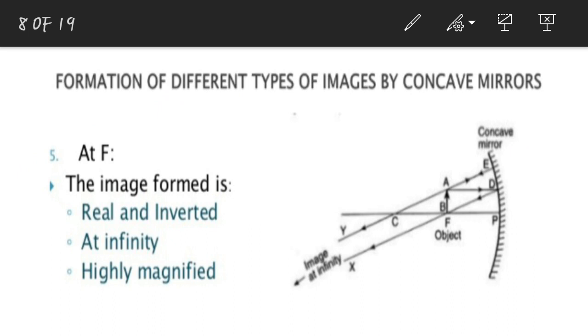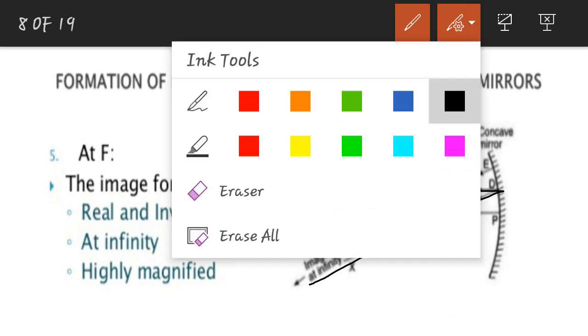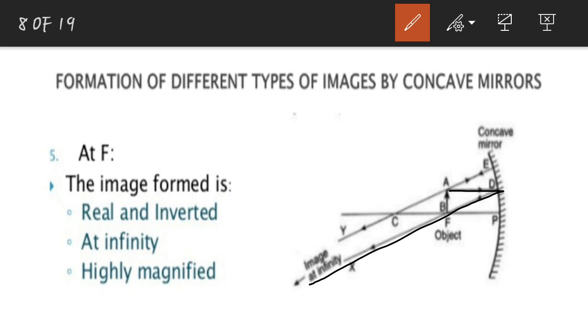The second case is the formation of different types of images by a concave mirror with the object at focus. If you keep an object at focus, the image formed will be real, inverted, and at infinity, highly diminished. Parallel to the principal axis passes through focus, then the ray passing through the center of curvature reflects back the same.